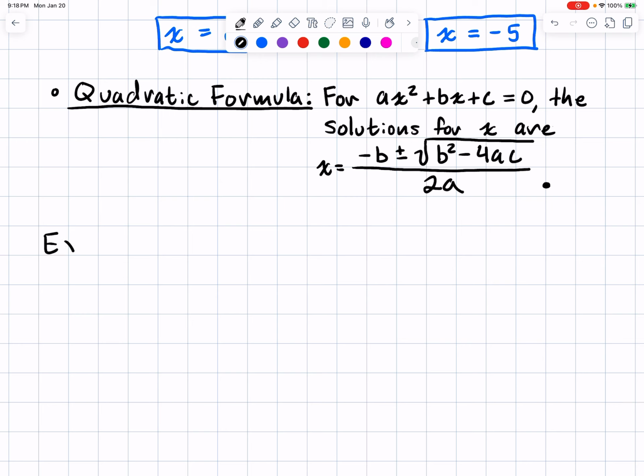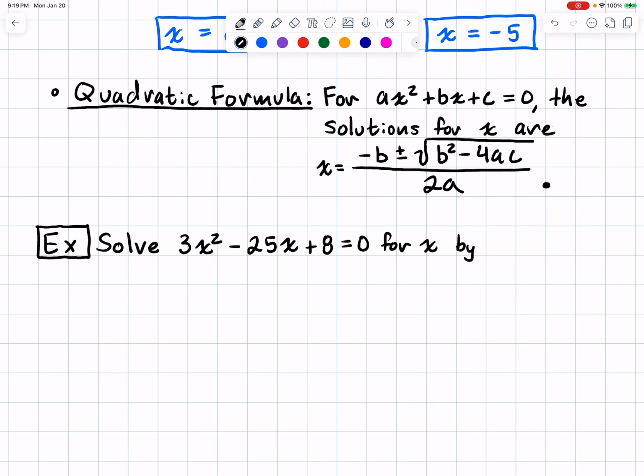Example. Solve 3x squared minus 25x plus 8 equals 0 for x by using the quadratic formula.